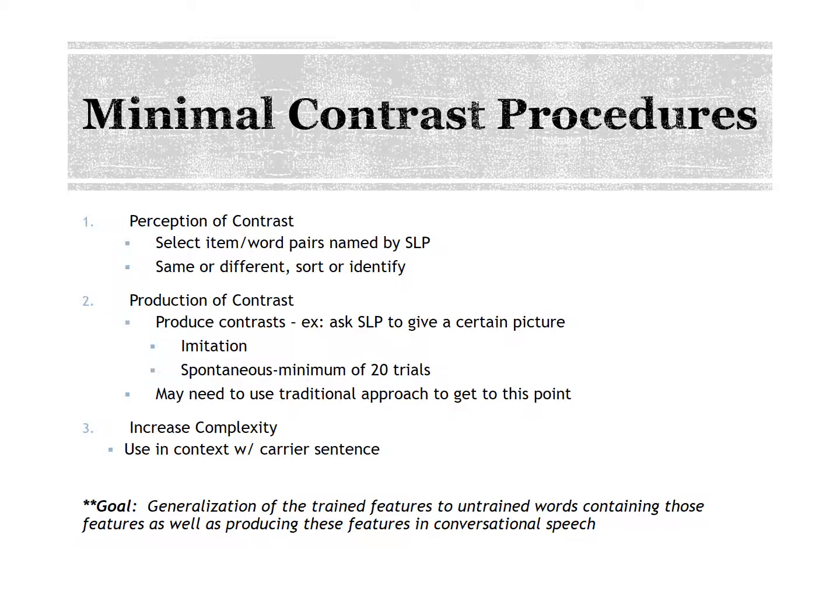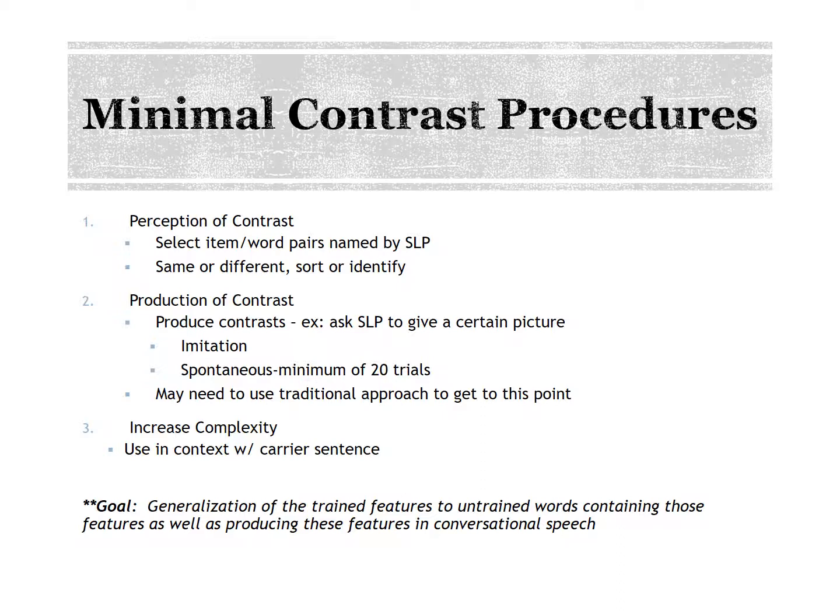Then you're going to place both pictures within that word pair in front of the child and ask the child to point to the sun or point to ton. You would want to continue this until the child achieves that predetermined criteria that you already set.